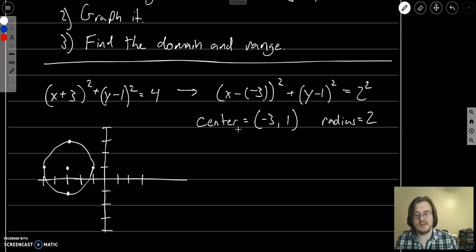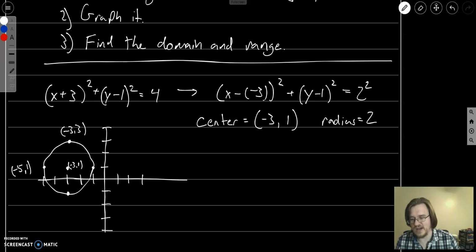So in essence, the important points are that we know where the center is. The center is going to be at (-3, 1). And we know that it has radius 2. So the circle is going to extend 2 up. Well, 2 above this point is going to be (-3, 3). It's going to extend 2 to the left, and that will be (-5, 1).